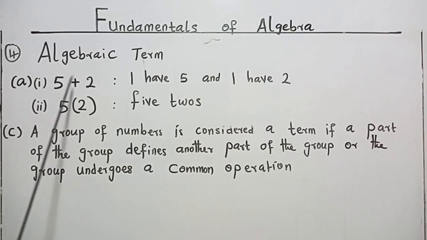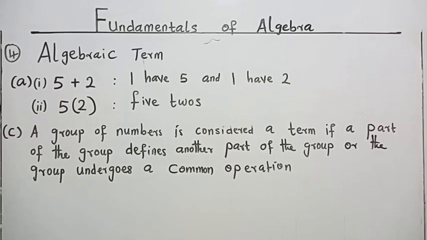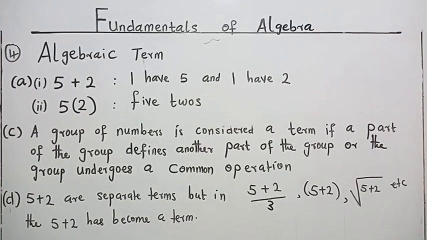If 5 plus 2, though being different, undergo a common mathematical operation, the 5 and 2, although being separate, have been joined to be a term. Let me give an example. And here comes the example. We state that 5 plus 2 are separate terms. That is, in this expression, 5 plus 2, 5 and 2 are separate terms.